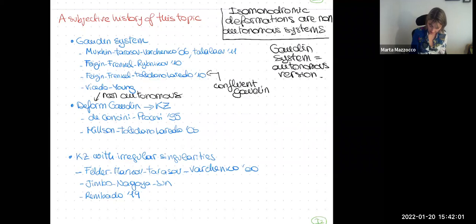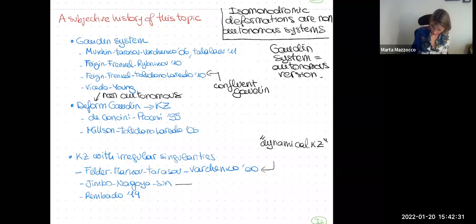And finally, regarding KZ with any number of irregular singularities, there is a paper by Felder, Markov, Tarasov, and Varchenko in which they introduce the so-called dynamical KZ. This again has only one singularity, which is not a simple pole, of order 2.